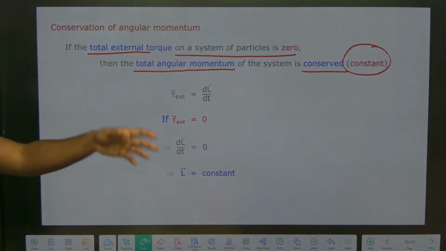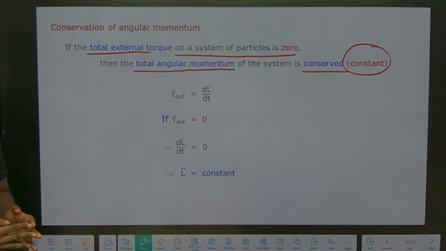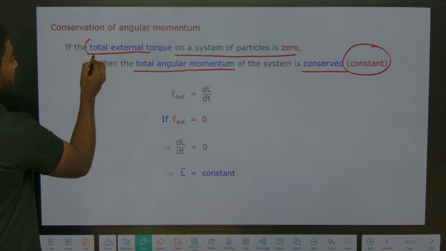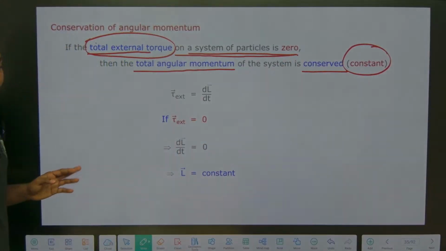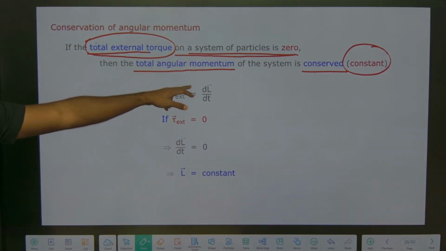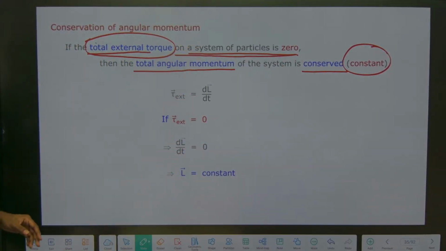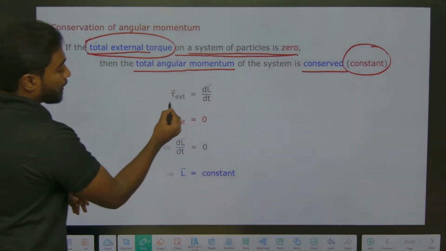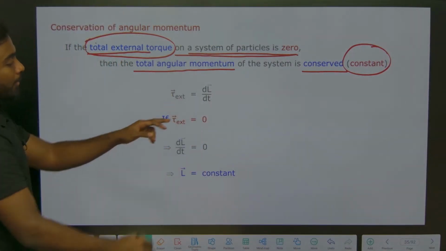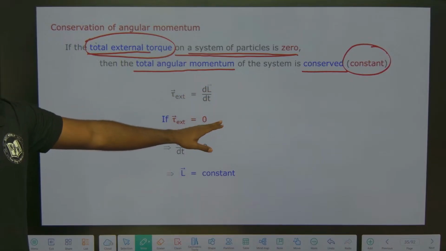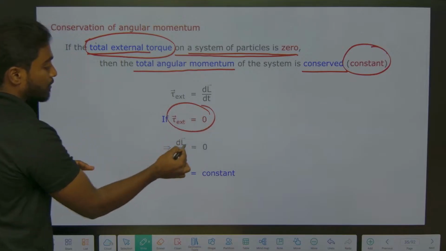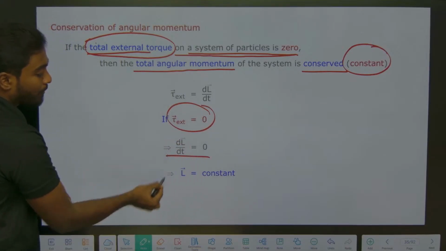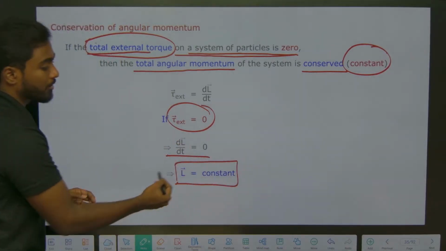If there is no external torque, it is 0, which means total angular momentum will be constant. We know that external torque is nothing but the change in angular momentum with respect to time. So if external torque is 0, dL by dt will be 0, where L will be constant.